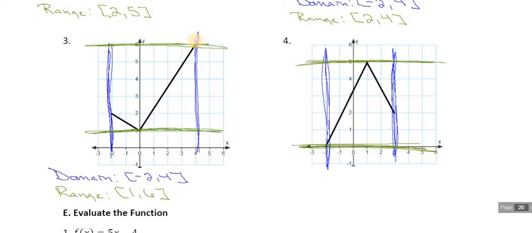So our domain, our x's from left to right, which are our blue values, we go from -2 to +3, both of which are included because they are part of the line. And the range, bottom to top, we go from a y of 0 to a y of 5. Again, both included.